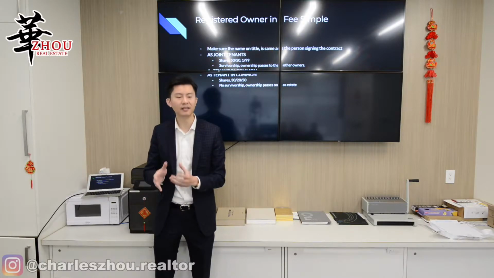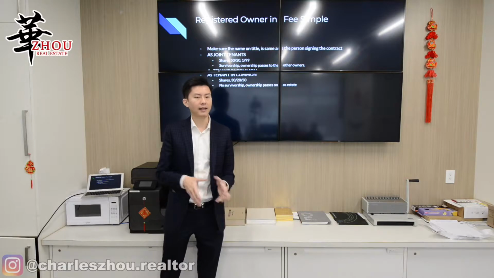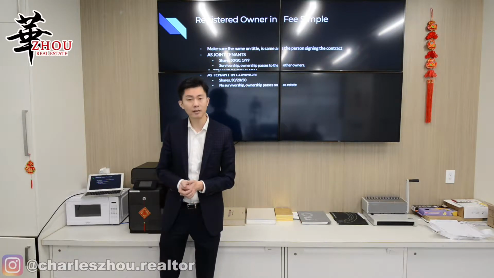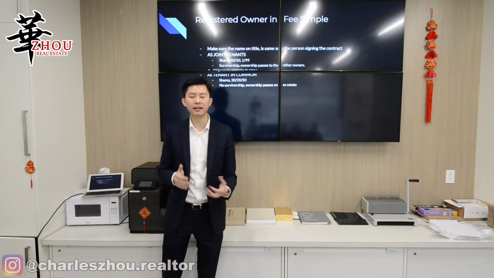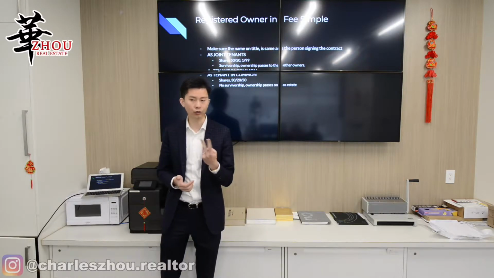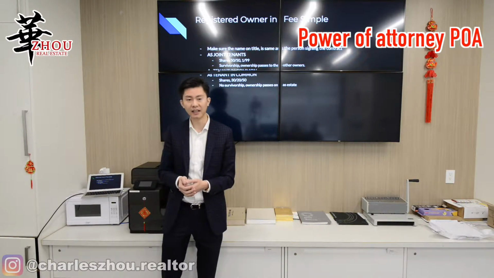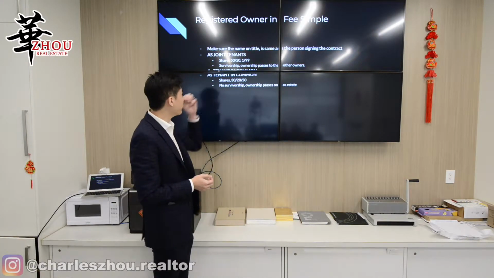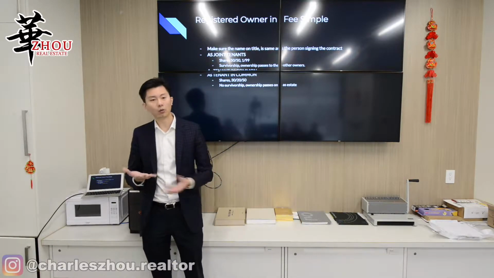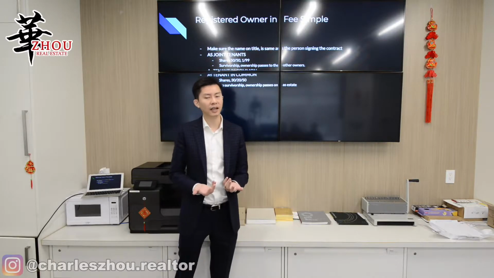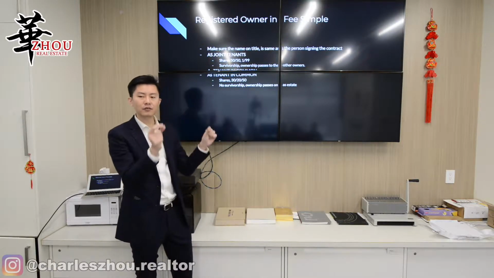Then you can use that to sign the listing agreement and sell the property for them. Otherwise, if they don't have proof the person is dead, you cannot sign this listing agreement because there are two owners, unless they have a POA, power of attorney. And the shares can be 50-50 or 1/99 or whatever share they want. That's joint tenant. You will find it under the name joint tenant.